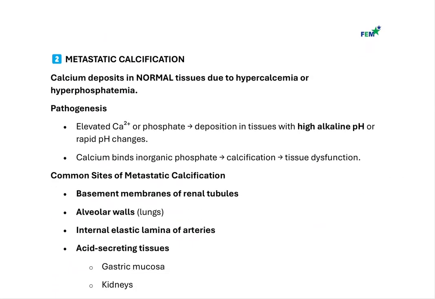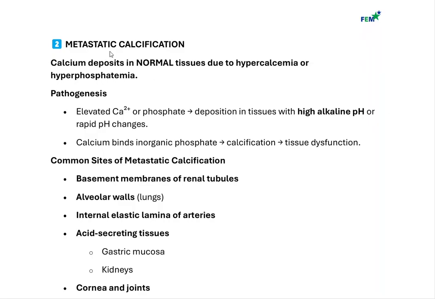Moving on to the next type of calcification, which is metastatic calcification. This is when calcium deposits in normal tissue. Remember, as opposed to dystrophic calcification, whereby calcium deposits in necrotic, degenerated tissue, here calcium is depositing in normal tissue.